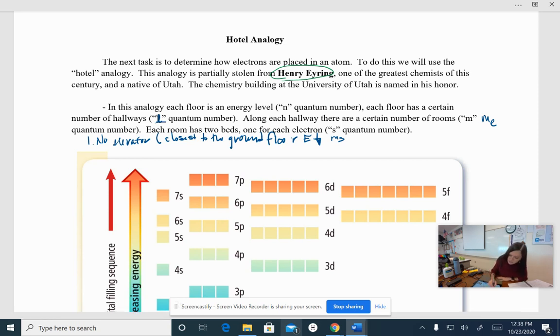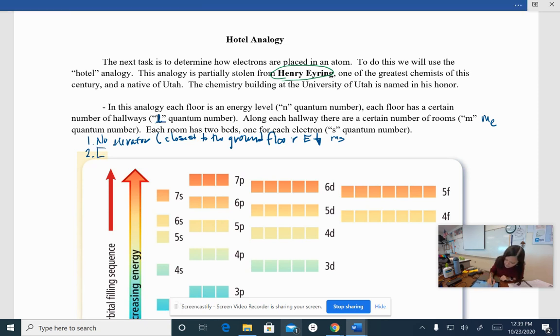The other thing that is strange about these electrons, but I really don't think it's super strange, is if there is a room or an orbital, remember the rooms are the orbitals. If there is a room or an orbital at the same energy level or in the same hallway, they are going to go into the room that is unoccupied. They don't want to share rooms unless they have to.